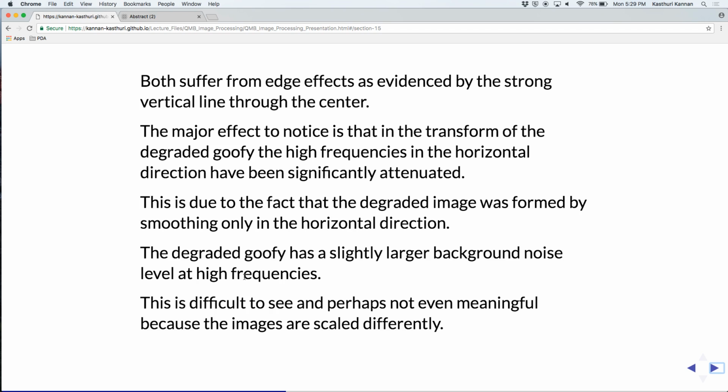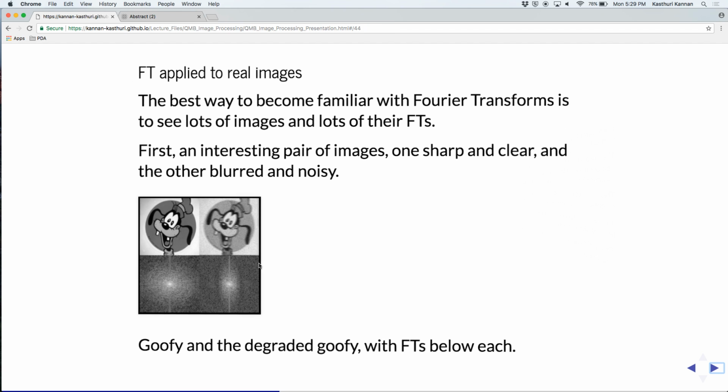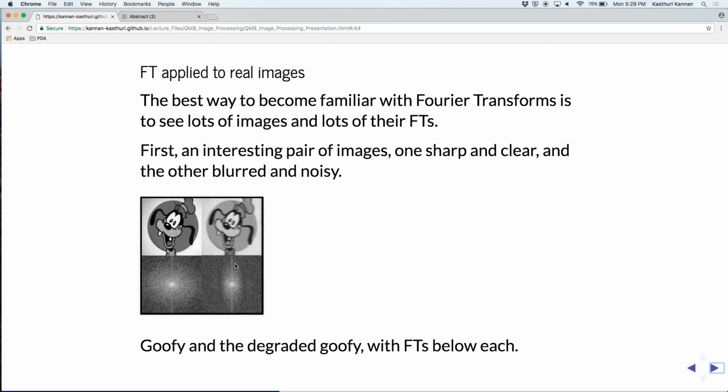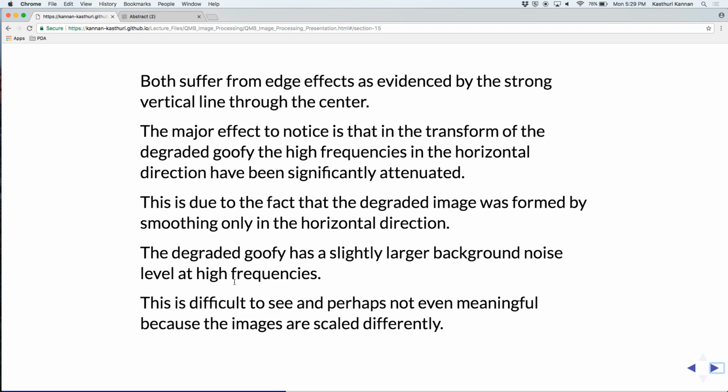So you can identify that by noting its Fourier spectrum. And also it has a slightly larger background noise. If you look at these here, there is a slightly larger background noise compared to here. I think that's probably because they have introduced more random noise in this image, and that's the reflection.